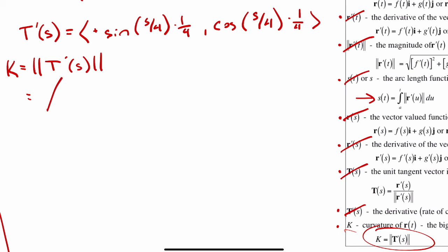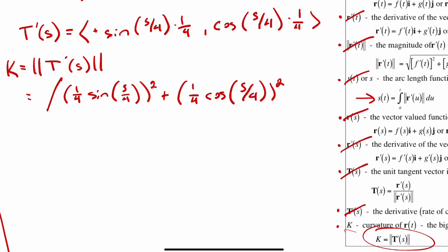So that's going to be the square root of 1/4 cosine of s over 4 squared plus 1/4 sine of s over 4 squared.